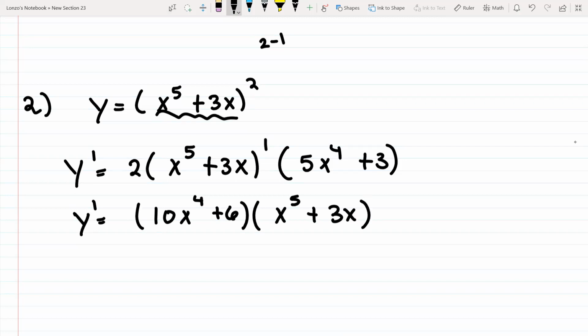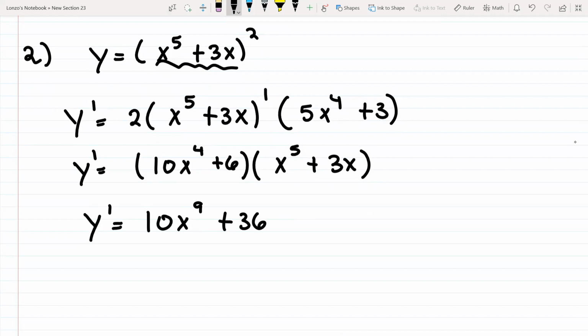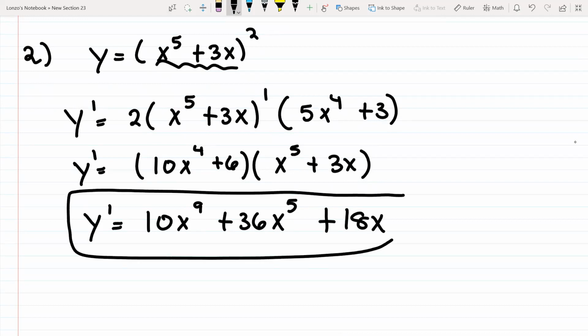Then when you FOIL it out and combine like terms, your final answer would be 10x to the 9th plus 36x to the 5th plus 18x. Okay. So yes, we did power rule and chain rule.